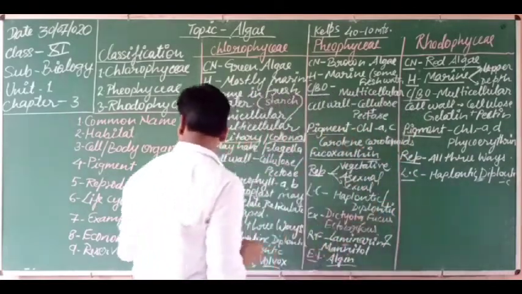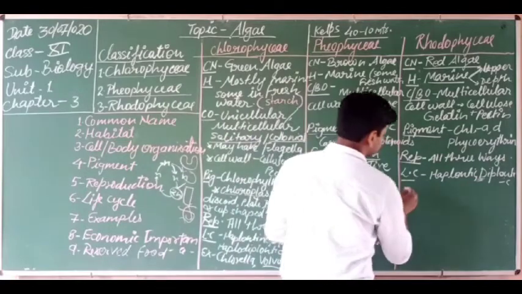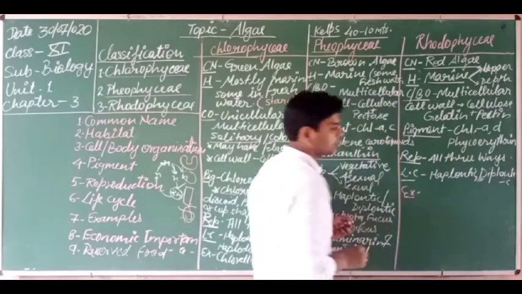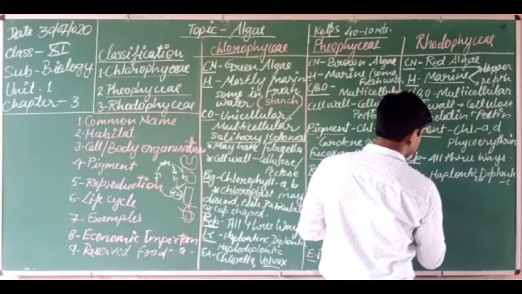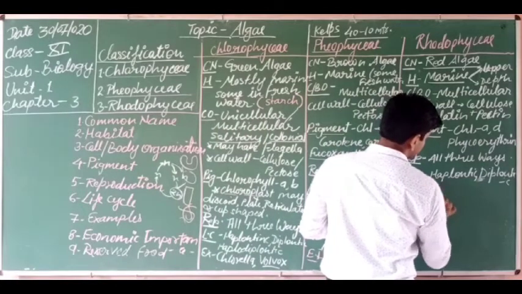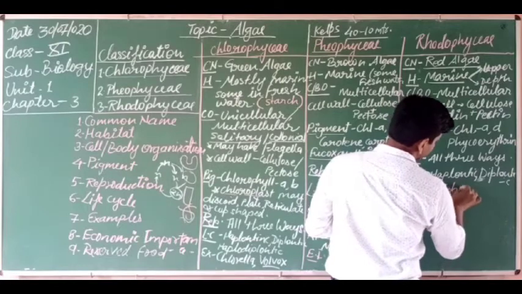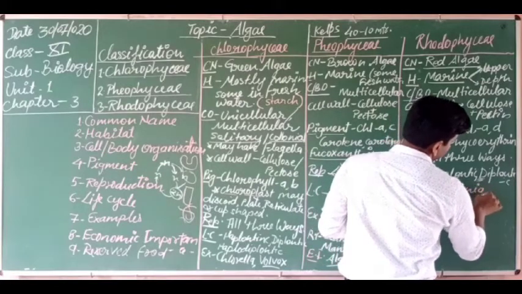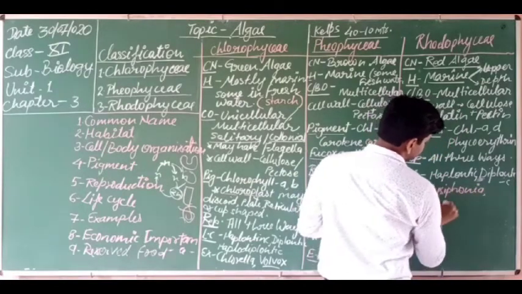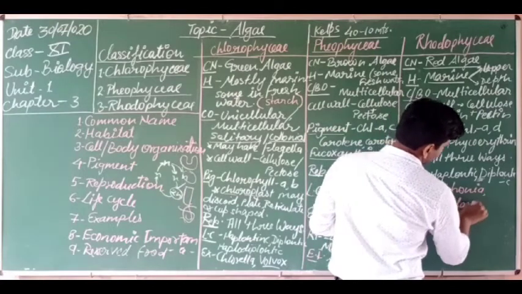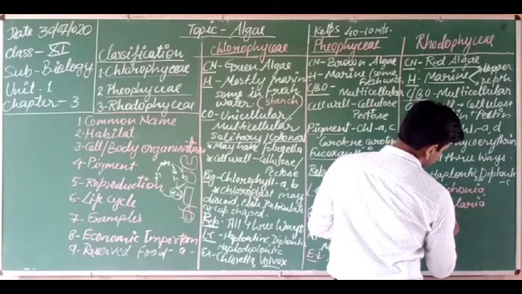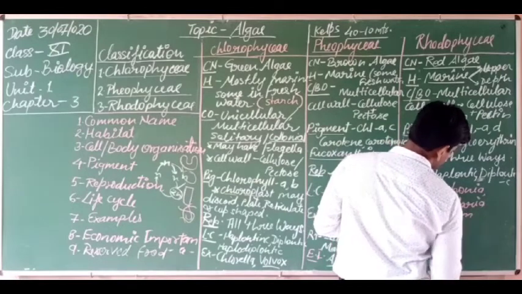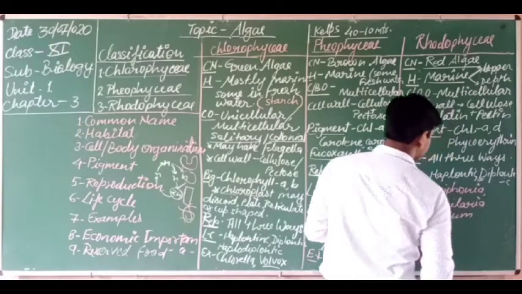Next, examples of this category. Dear students, you must remember the examples: Polysiphonia, Gracilaria, Gelidium. These are examples of red algae.